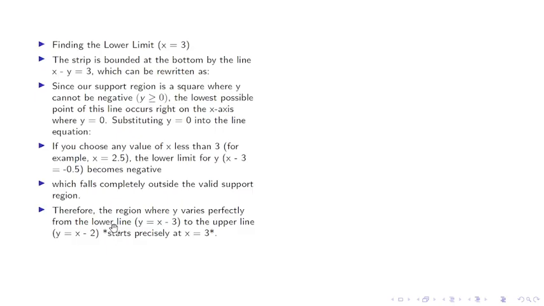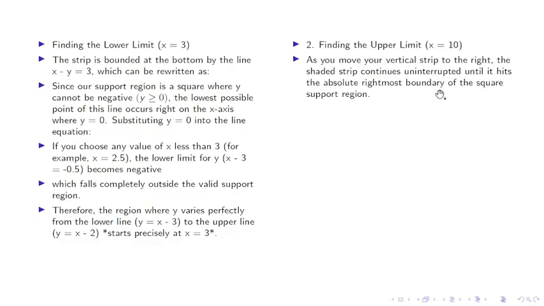So the region where y varies from the lower line y is equal to x minus 3 to the upper line y is equal to x minus 2 starts precisely at x is equal to 3 only. Any other value does not give us a positive value. So the lower limit for x is 3. We decide like this.